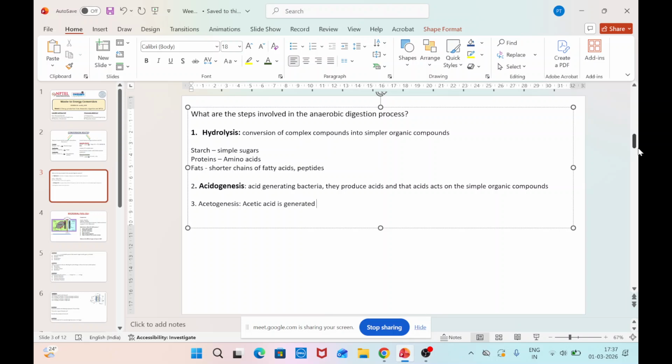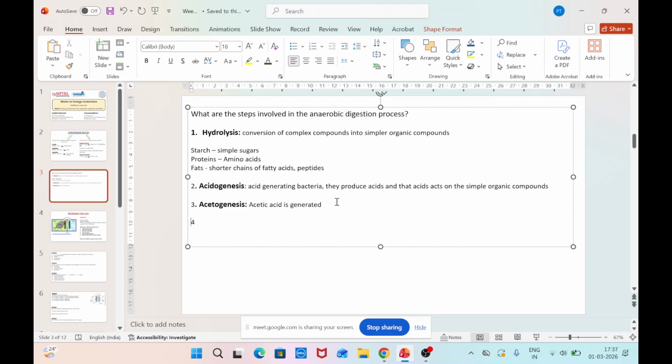In acidogenesis, the acid usually acts on the simple organic compounds, and in acetogenesis, whatever product you get from the acidogenesis process is further processed so that acetic acid gets generated. So this process is called acetogenesis, where acetic acid production happens.